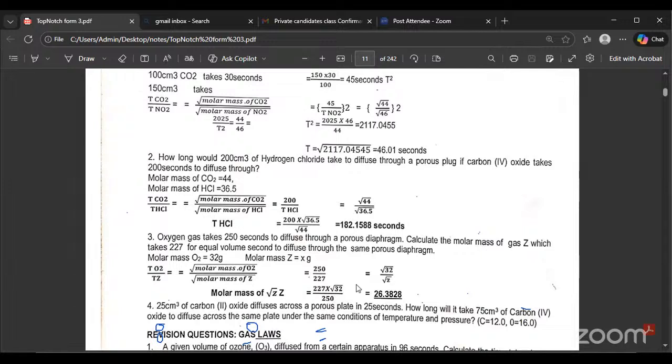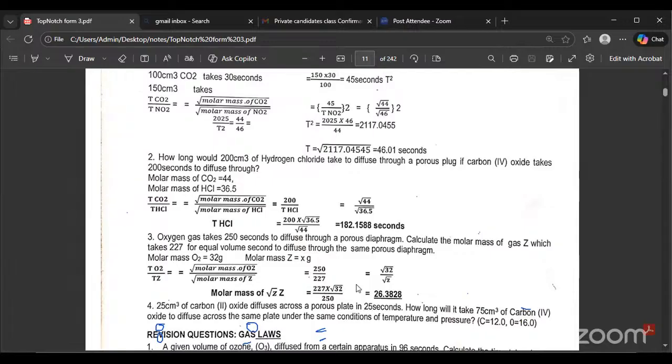Let me just check mine, and then you can tell us what happened to yours if it is different. The difference is very small. We cross multiply. So 227 divided by 250 is 0.98.